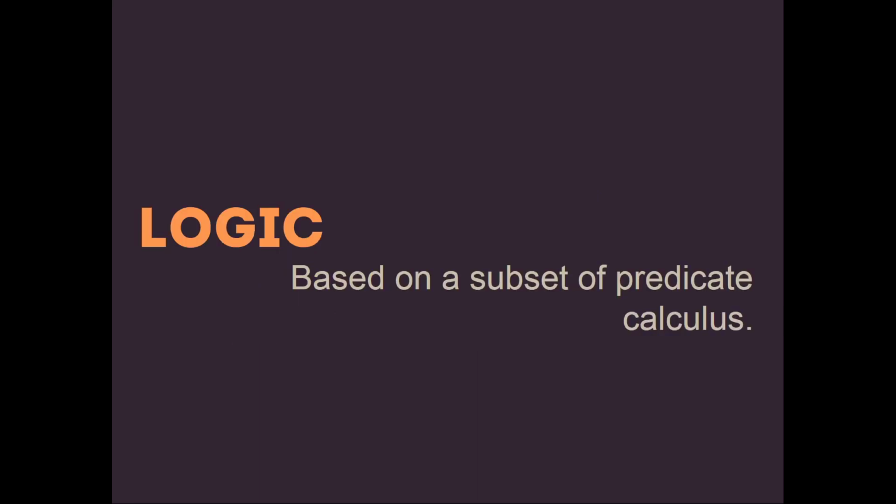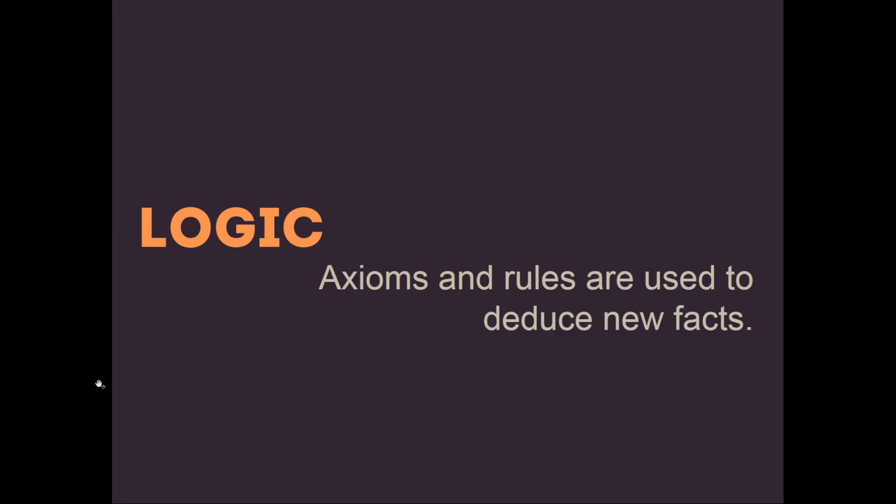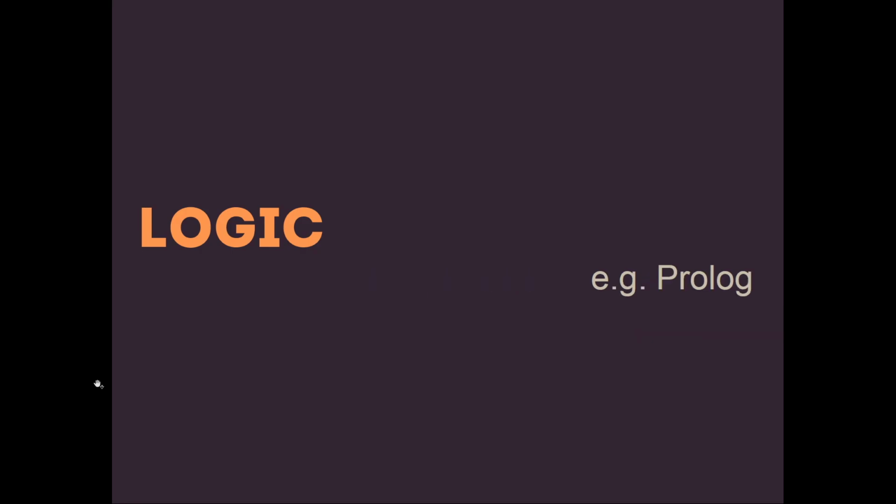In the logic subparadigm, languages are based on a subset of predicate calculus. Axioms and rules are used to deduce new facts, and our example is Prolog. We'll have a sample on this later.